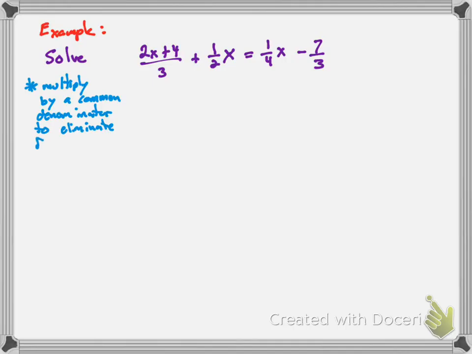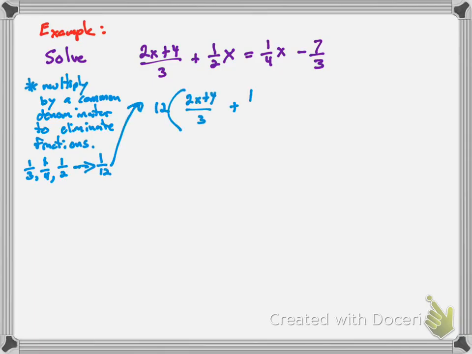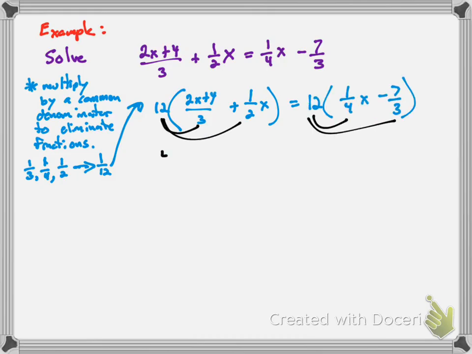But a lot of times it's easier to multiply through by a common denominator. So for 1/3, 1/4, 1/2, the common denominator is 12. We multiply everything by 12, everything on both sides. Notice when we take the 12 times the 3 that's in the denominator, 12 with the denominator of 3 reduces to 4. 12 with the denominator of 2 reduces to 6. 12 with the denominator of 4 reduces to 3. 12 with the denominator of 3 reduces to 4.